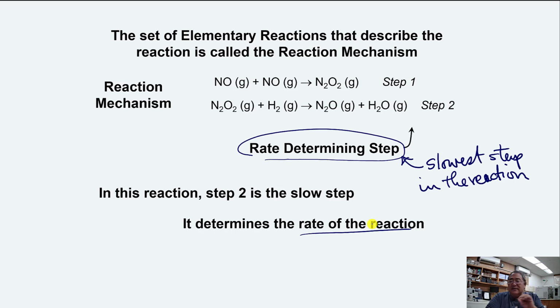Now, as it turns out, and this is what we're going to be doing next, you can use the slow step to figure out what the rate law for the reaction will look like. So let me say that again. The slow step of the reaction, the rate determining step, or RDS, is what we use to write the equation for the rate law.